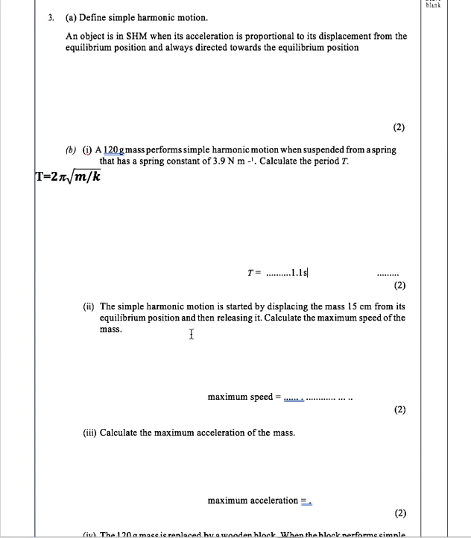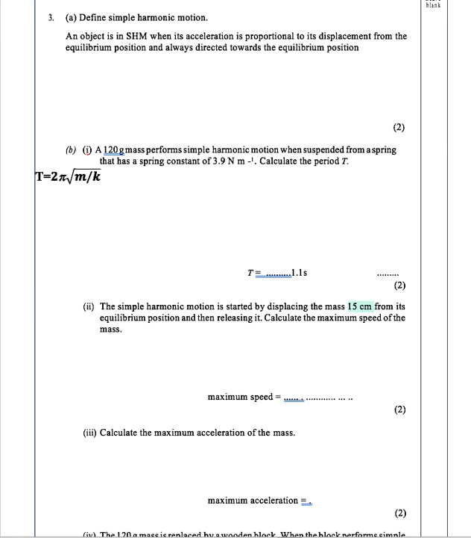The simple harmonic motion is started by displacing the mass 15 centimeters from its equilibrium position and then releasing it. Calculate the maximum speed of the mass. So the first thing to realize is that this 15 centimeters is the amplitude.